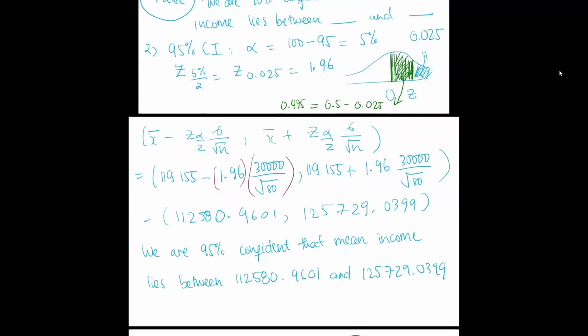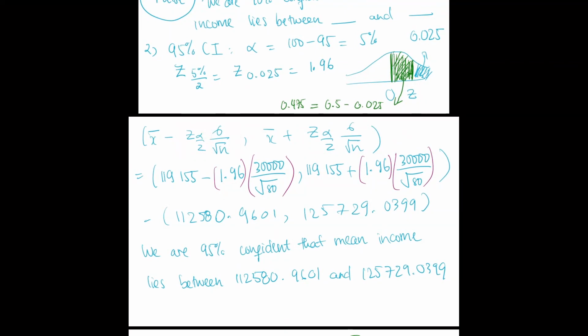I'm just confused about this bit, like the 119,155 minus 1.96. What do you do with the 1.96 and the 3,000 over the square root of 80? Are they added or times? Times. I multiply them together. Because I did that in my calculator and I didn't get the answer. That's why I was confused. Yeah, it's like this. Okay. All right. Thanks.